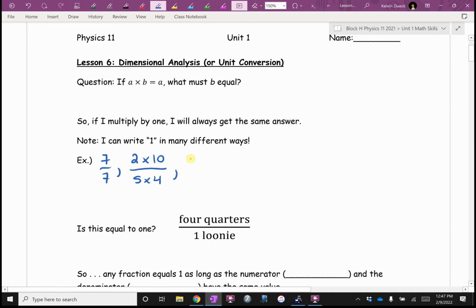Ooh, what about this? 7 days over 1 week. Is that 1? Yes, it is, because the top and the bottom are the same thing. They look different, but they both have the same value.